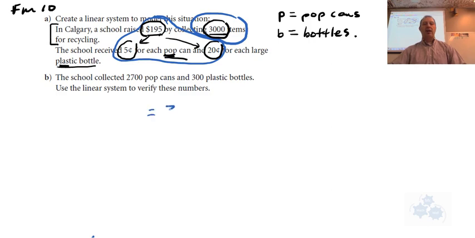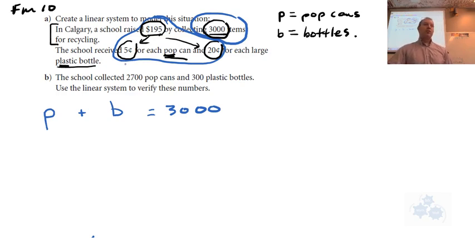I get 3,000 items from the number of pop cans and the number of bottles. That's my first simple equation. I know that seems too easy, but the number of pop cans plus the number of plastic bottles is 3,000. That's our first one.